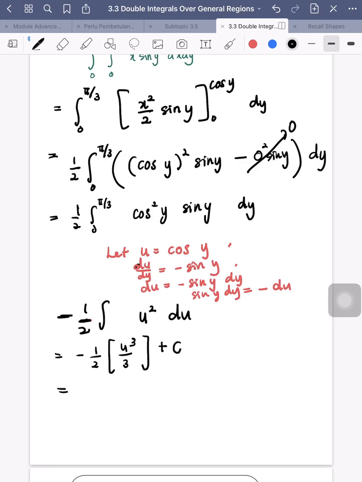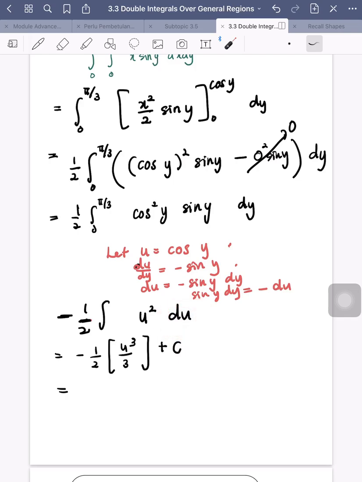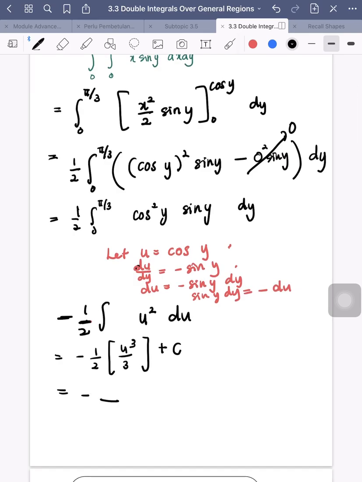The limit here, please be careful, is the limit for y. Now we are in terms of u. Don't put the limit directly into u, because this limit is for y. So what you should do is change back to u. 1/2 times 3 becomes 6. u is cos y to the power of 3.